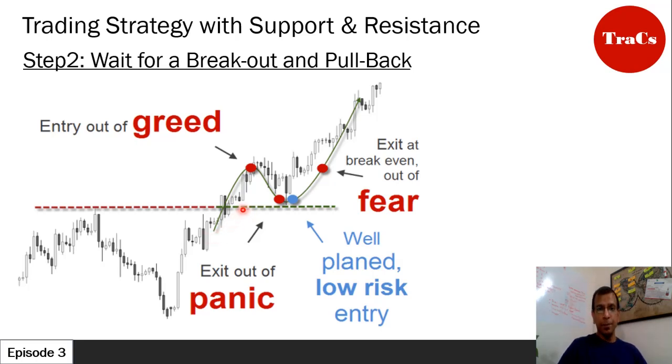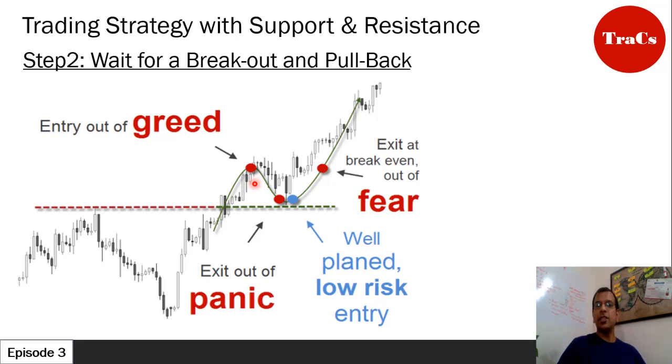Now a lot of people, based on this breakout concept, end up buying the moment they see a price breakout, because they know the concept that once a price is broken, the old resistance zone starts behaving as a new support. But what typically happens, how do emotions come into play?